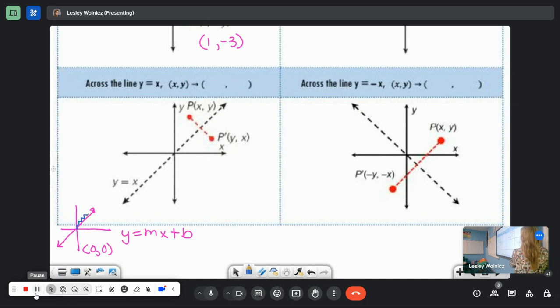I got a little off, but you see what's happening, right? If my slope is 1, what would the equation be for that line?